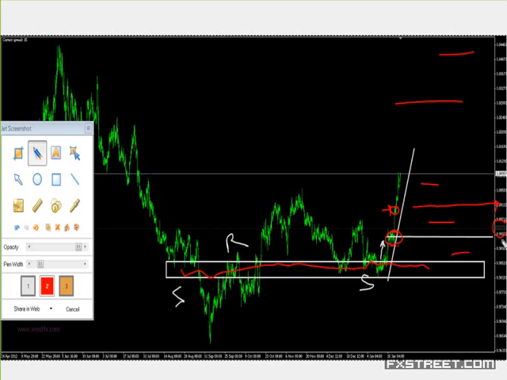In the same sense, if the price breaks down below the yearly open, it would mean that the yearly candle is looking bearish, and so you'd expect the price to carry on in that direction. So right now the bullish argument on the dollar Canadian is very, very strong.